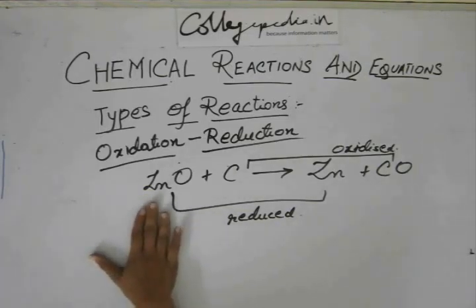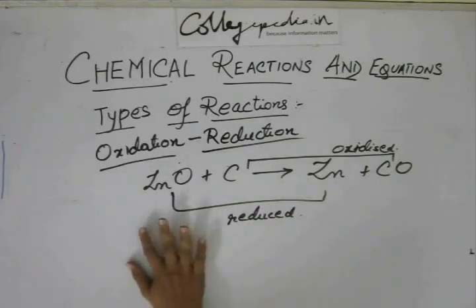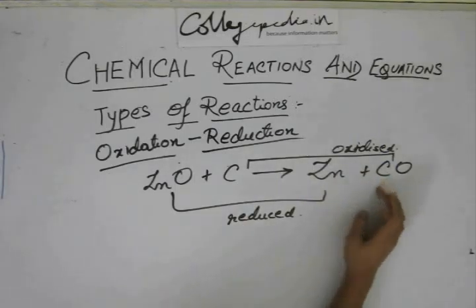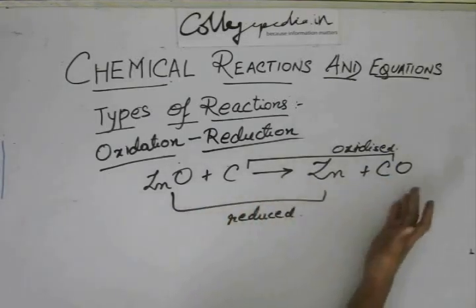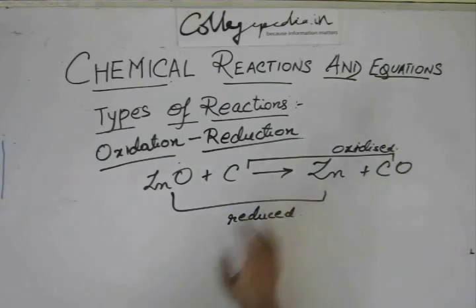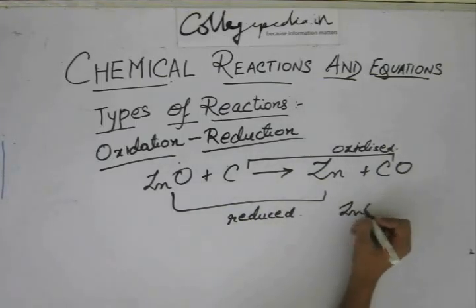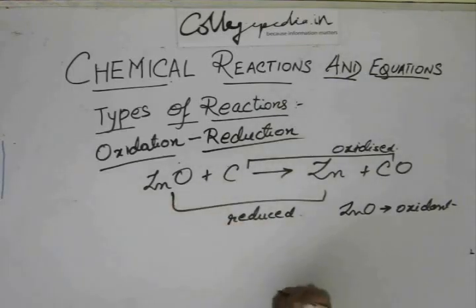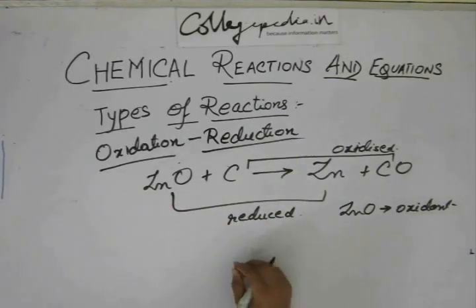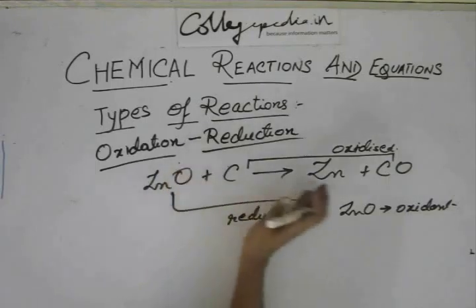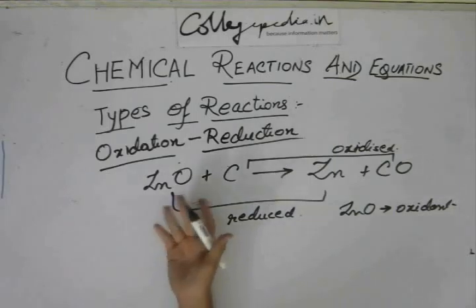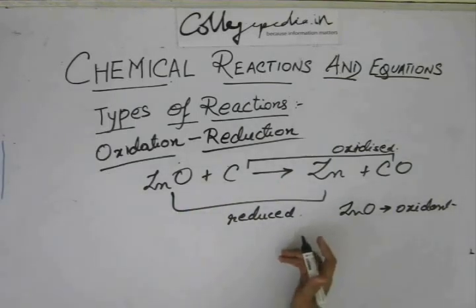In this, zinc oxide is donating an oxygen atom to carbon so that it can get oxidized. So in one way, it's helping in the oxidation of carbon. So zinc oxide becomes our oxidant, and carbon, by accepting this oxygen, is taking away the oxygen from zinc, that is, it is reducing the zinc oxide.